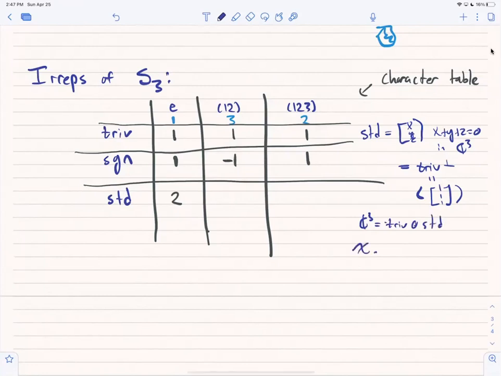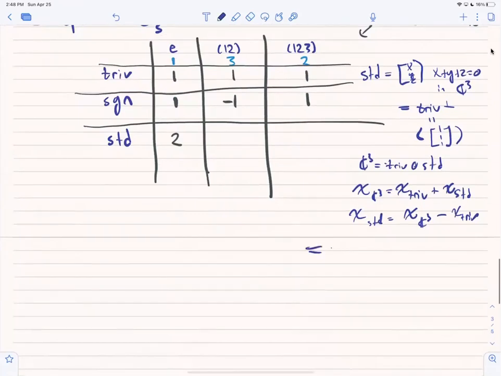That means the character of C3 is the character of triv plus the character of standard. So the character of the standard representation is the character of this permutation representation minus the character of the trivial representation.